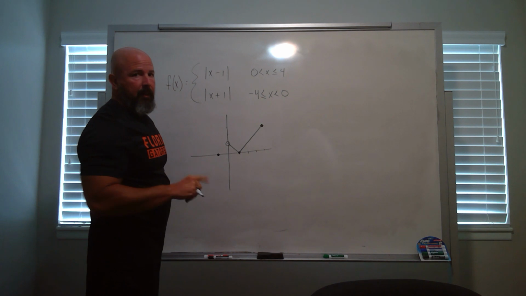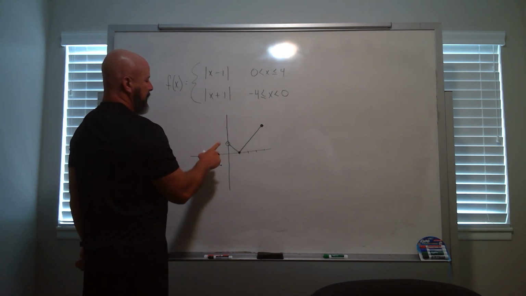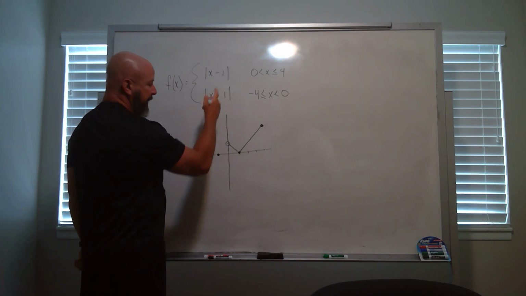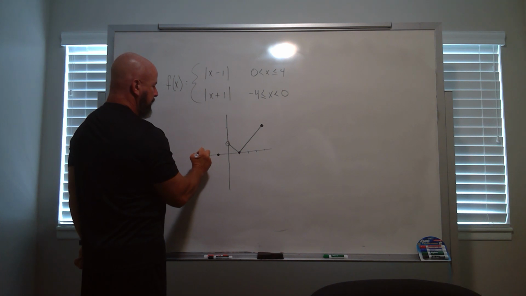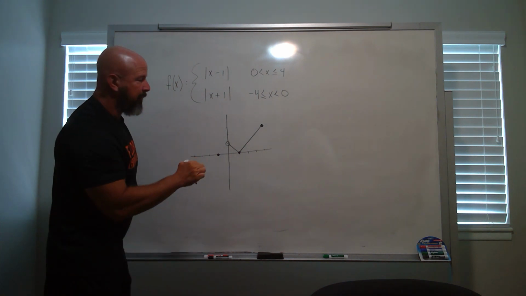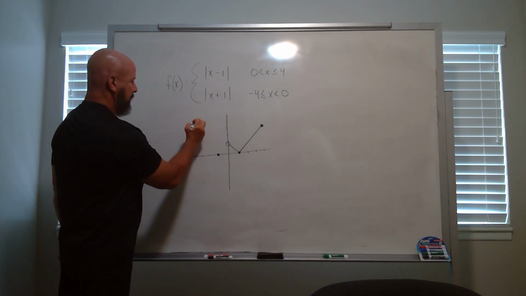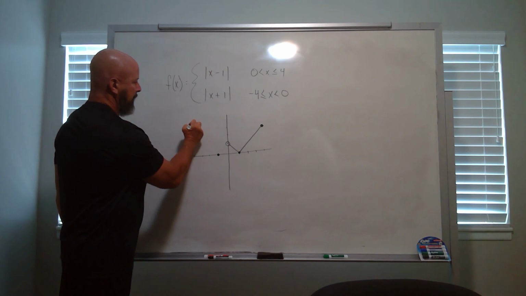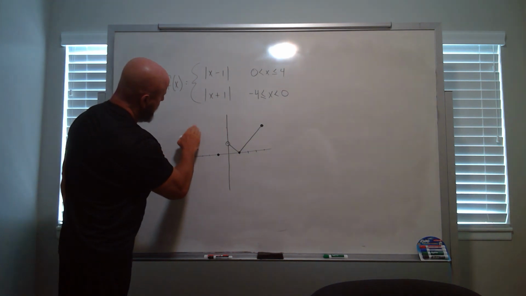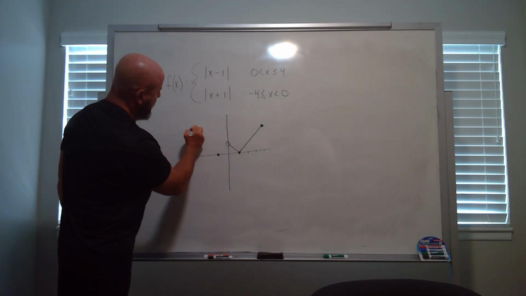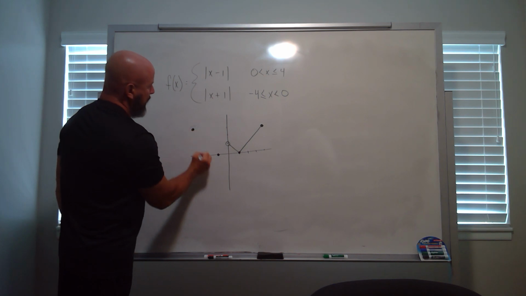Now let's check our endpoints. At negative 4, negative 4 plus 1 is negative 3. Absolute value of negative 3 would be 3. So I'm over here at negative 4, 3. Slide that down just a little bit there. Okay.